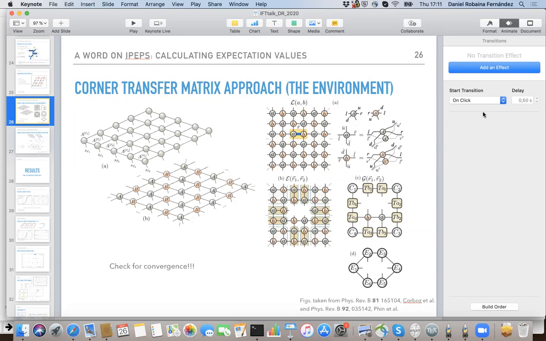It's kind of tricky, this thing, right? To do all this contraction. But there is indeed a fixed point. The fixed point is the consistency that Tony is talking about, right? This is the fixed point of the kind of RG. Yes. So there's a certain criterion that you can use in order to see whether this environment is converged or not, and there are different things that you can look at in order to make sure that you have a converged environment.